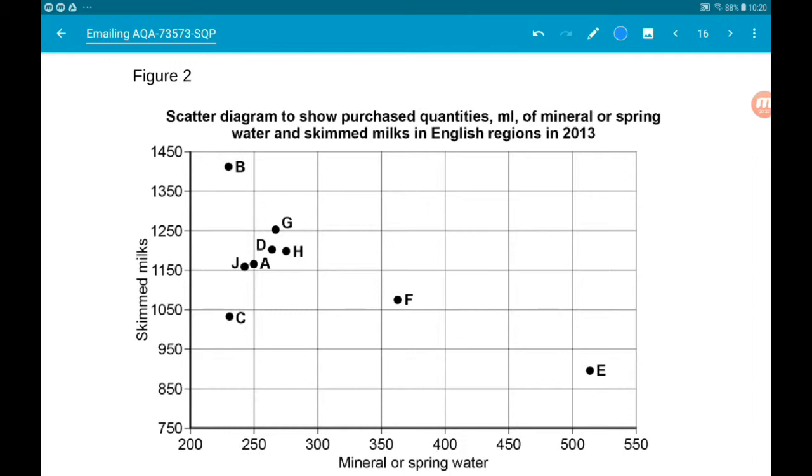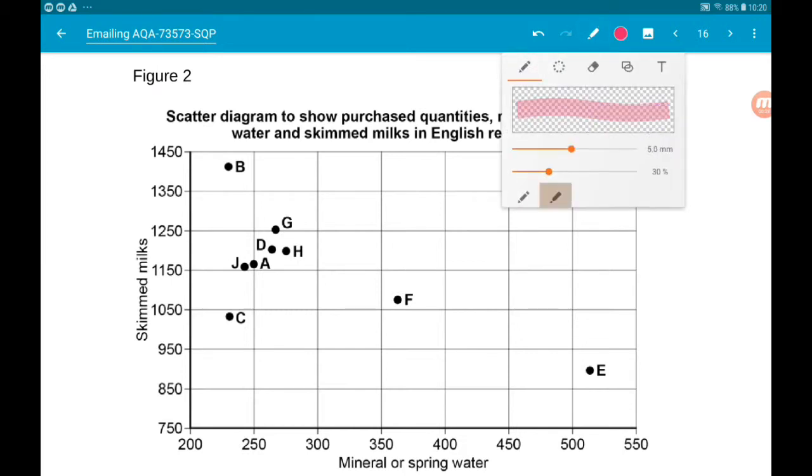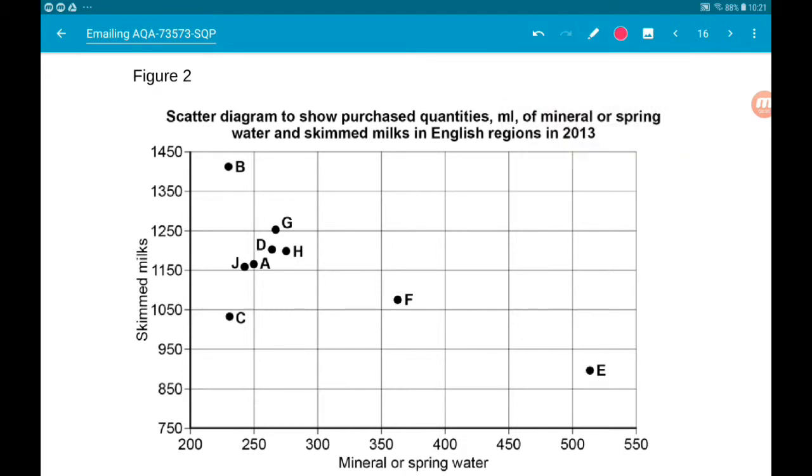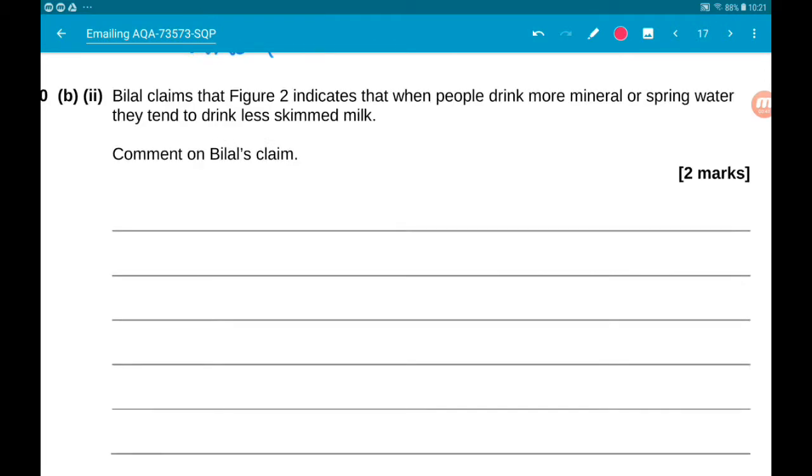So, we could argue that this graph does show negative correlation. We could draw a line, something that looks like that. So there is an argument there for negative correlation.